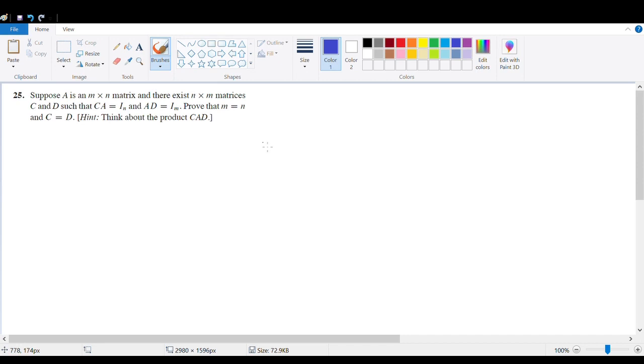In 25, suppose A is an m by n matrix and there exist n by m matrices C and D such that CA is equal to In and AD is equal to Im. Prove that m is equal to n and C is equal to D. So from the first, we have CA is equal to In. Also we have AD is equal to Im. We want to show that m is equal to n.